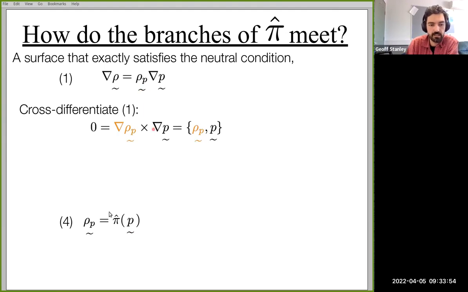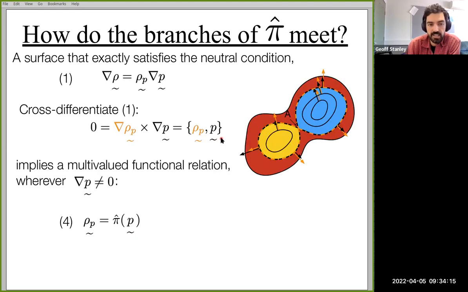Another way to get the fact that we have a functional relationship for pi hat is to take this definition here, and instead we just cross-differentiate it, or take its two-dimensional curl or its Jacobian kind of thing. That kills the left-hand side with 0, and we get grad compressibility crossed with grad pressure, or essentially the Jacobian of those two fields. And that is the same sort of thing.